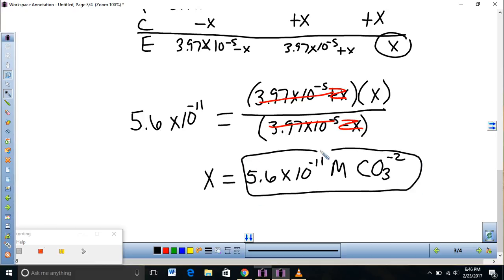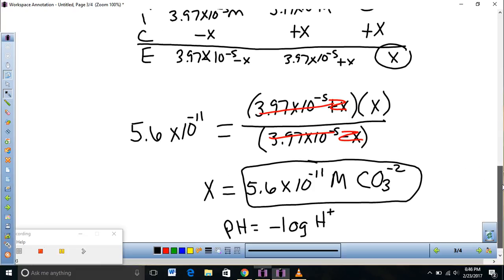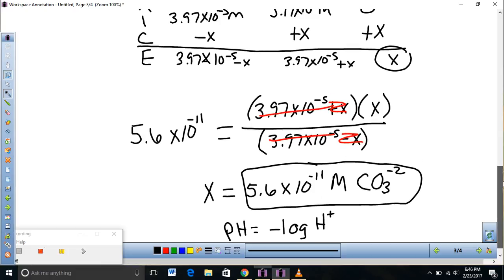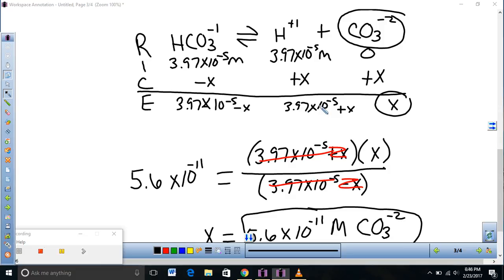To find the pH, well, I need the negative log of my H+. Well, I had them in class to check this. If you'll notice, 3.97 times 10 to the negative fifth, and we're going to add x to it, and x was 5.6 times 10 to the negative 11th. If I add this number and that number together, look at the power difference. It's essentially the same number, but I had them do that and take the negative log of it to find that pH.